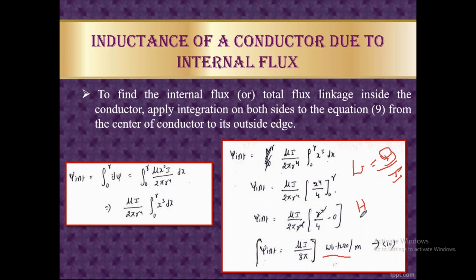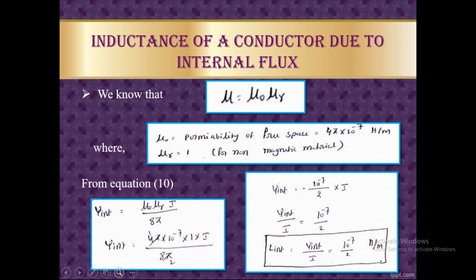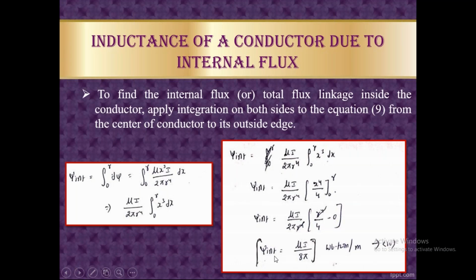Now from this equation 10, we finally derive the inductance due to the internal flux. The internal flux linkage psi is equal to mu I divided by 8 pi. From this equation, we have to find the inductance value.